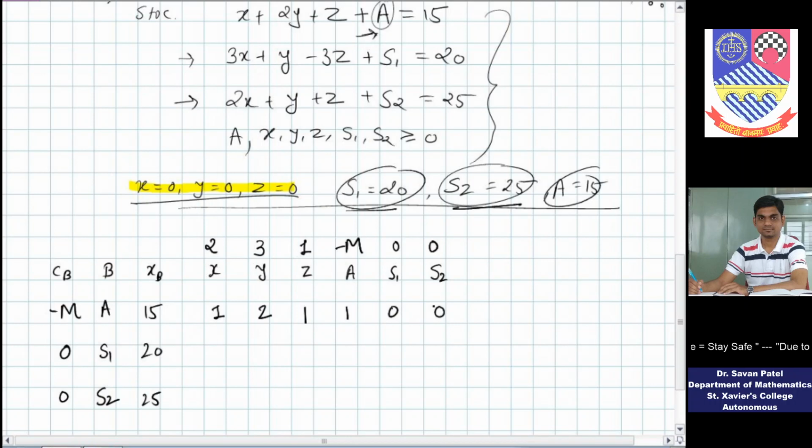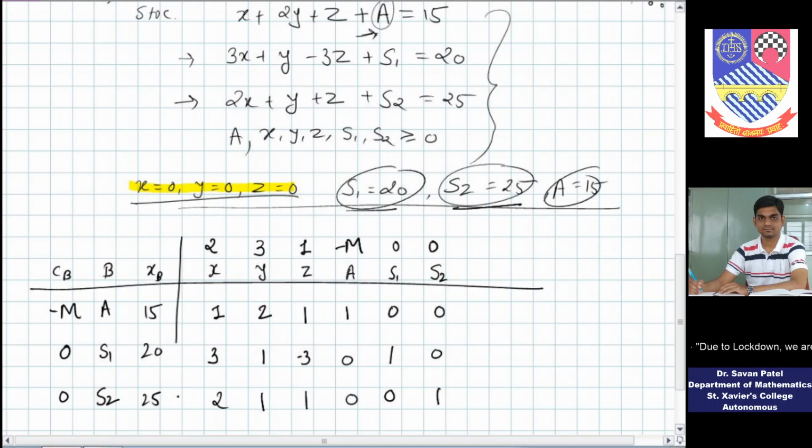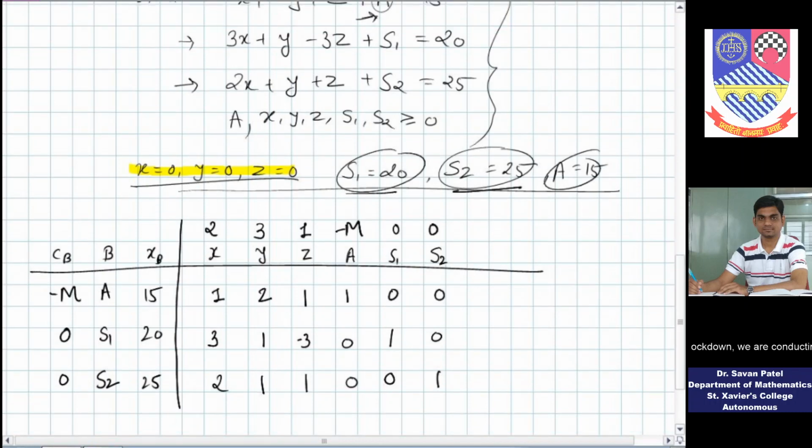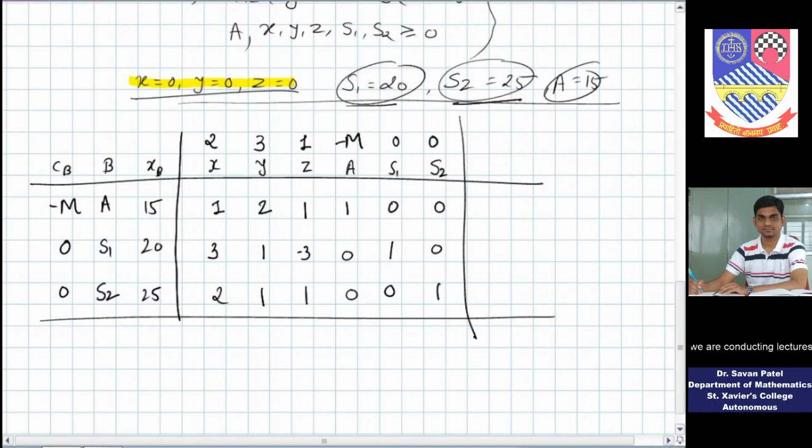From the second constraint, 3x, 1y, minus 3z, 0 s1, 0 s2. Okay, so now from the third constraint, we are having 2, 1, 1, 0, 0, 1. So see, the simplex table is again like the previous problems, means we were used to do like this. Now everything is similar to whatever we were used to do in the simplex method.